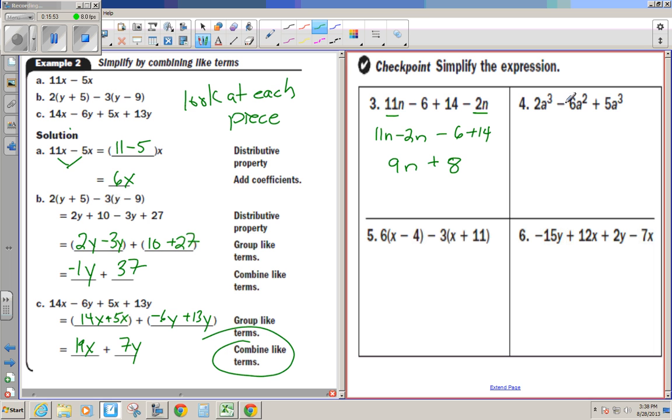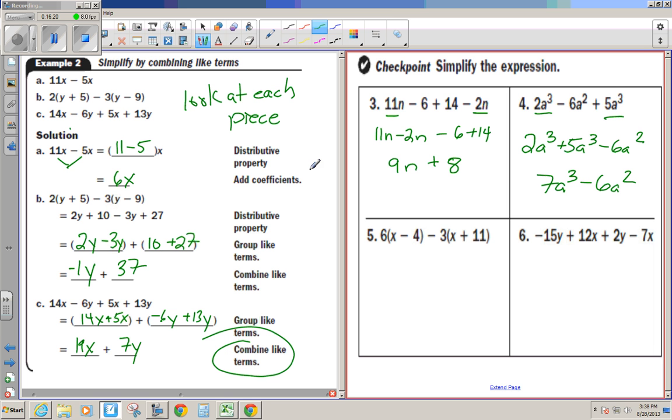Here, which ones are the like terms? I see the same variable, but only these two have the same exponent. 7a cubed, 6a squared. All right, here. We have no like terms right now. There's nothing that you can just simplify here.